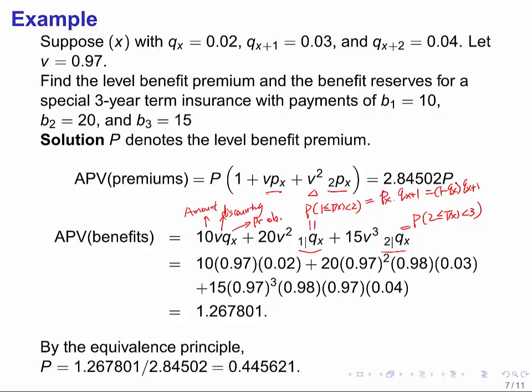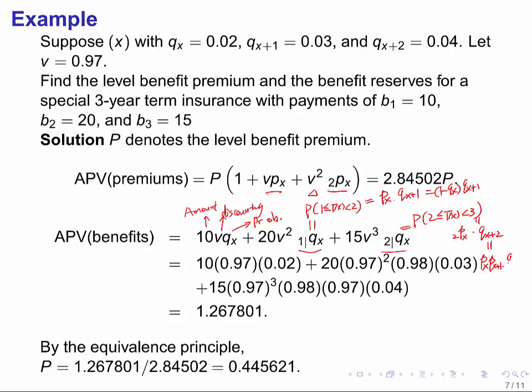And for the last term, it's 15 times 0.97 cubed times the 2 year deferred probability of death. And that's the 2 year survival probability times the 1 year probability of death at age x plus 2. And the 2 year survival probability equals the multiplication of the 1 year survival probability, that is Px, times Px plus 1.